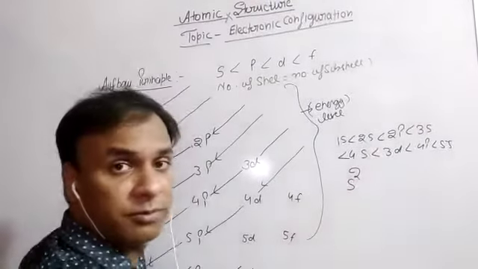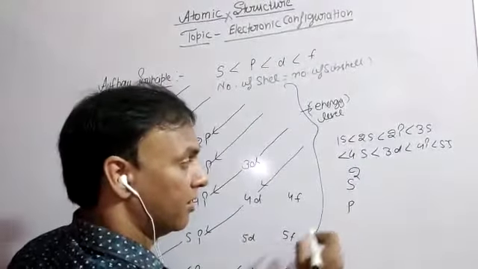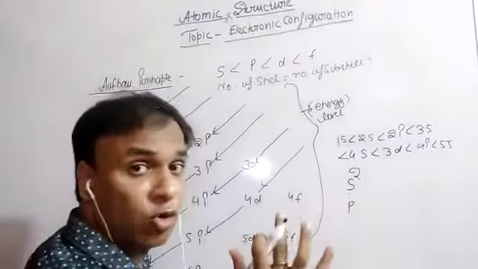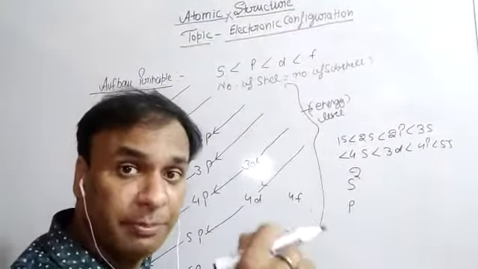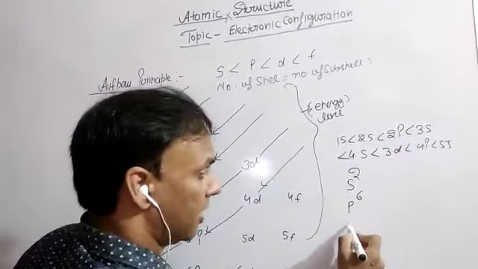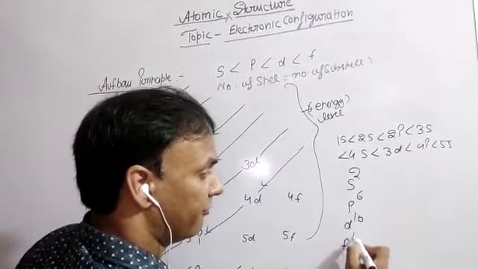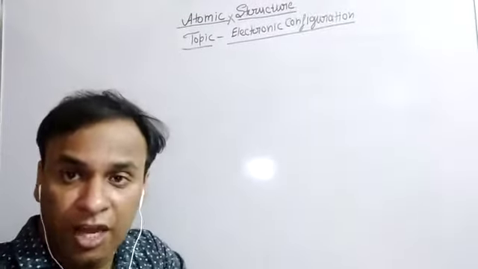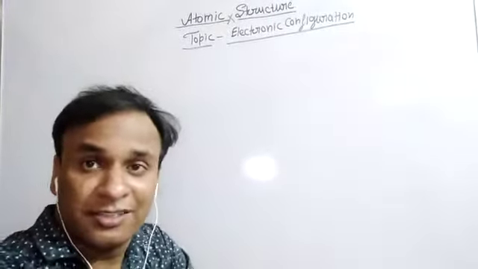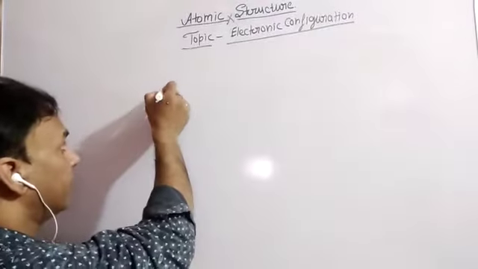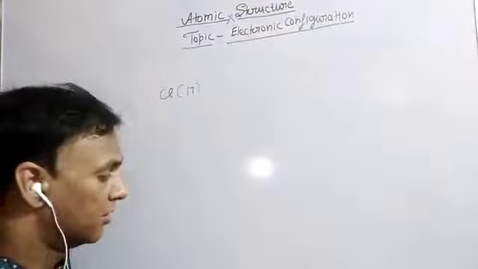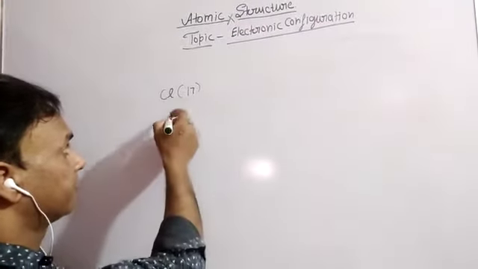We know that the s subshell contains 2 electrons, the p subshell contains 6 electrons, including px, py and pz, d contains 10 and f contains 14. Now, for example, let's do the electronic configuration of chlorine, atomic number 17.